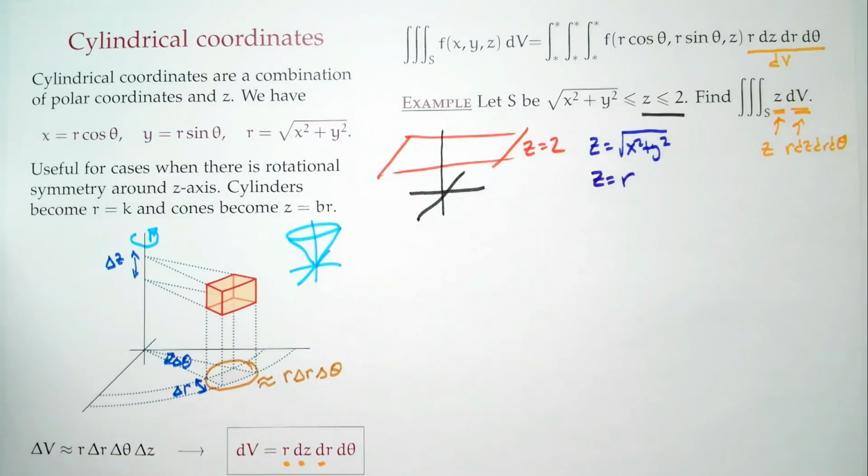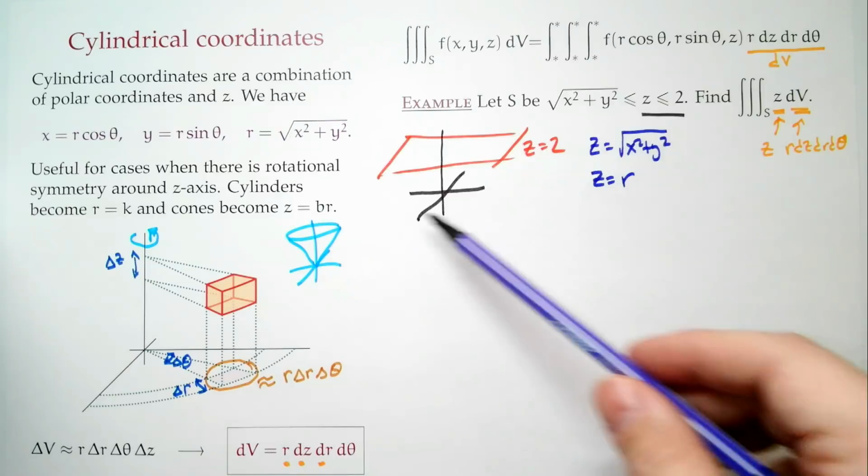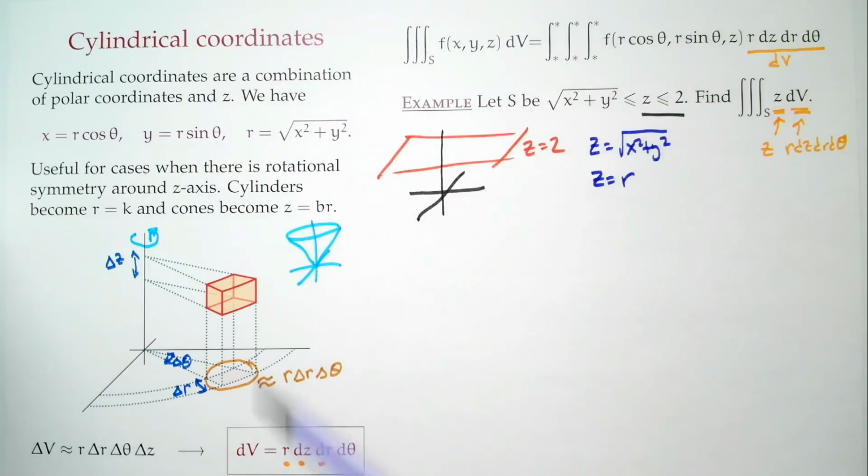Z equals r. One way to read this is that as we move up in height z, our radius is increasing. You can think of it as a series of circles, starting at 0 at the origin and then increasing at a nice steady pace. What shape does that? Well, hint, we kind of talked about it. It's a cone.